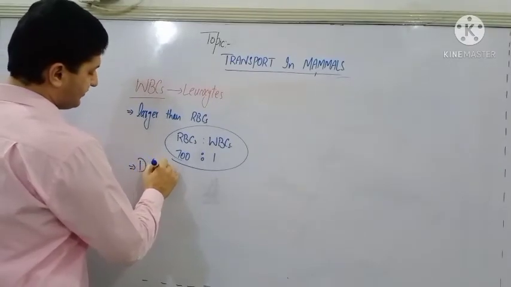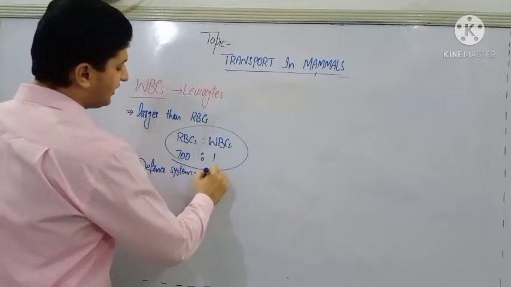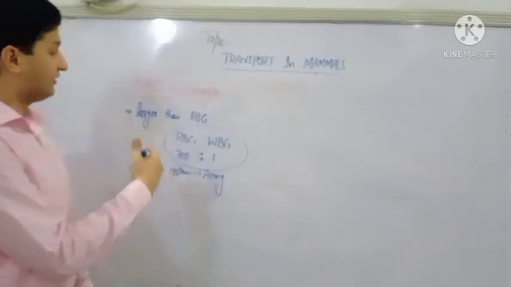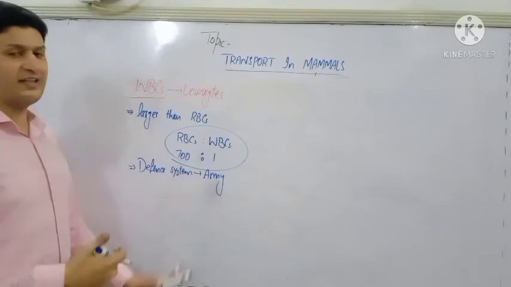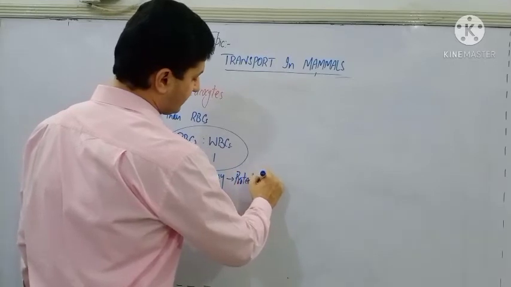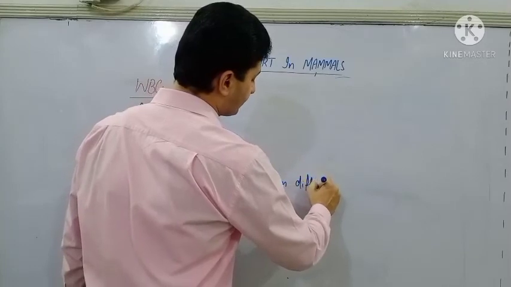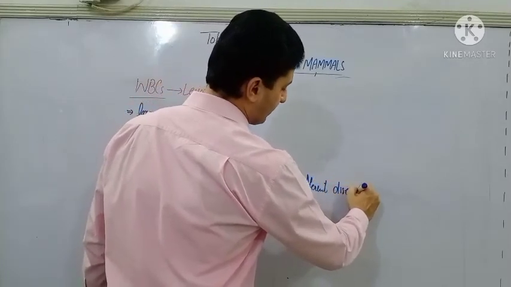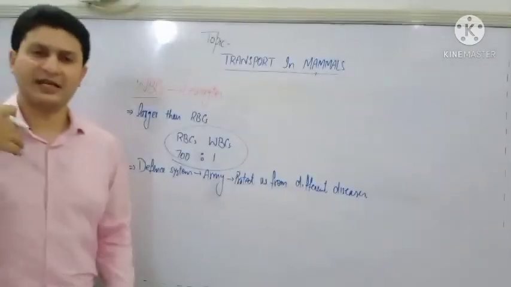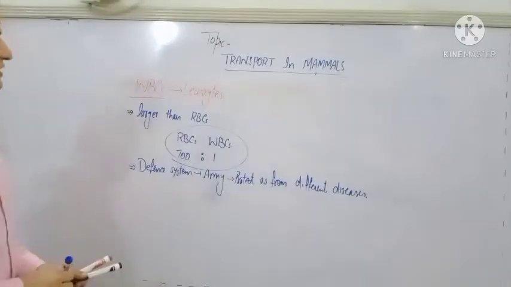They form the defense system of our body, or we can say that these white blood cells are the army of our body, and they protect us from different diseases, because they kill the foreign particles, they kill the bacteria, they kill the viruses coming into our body and protect us from different diseases.